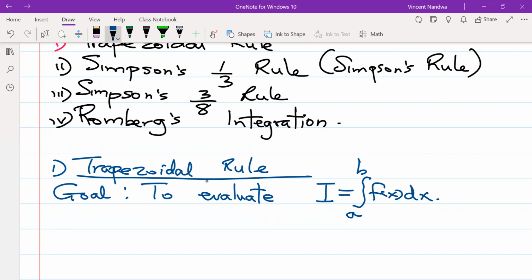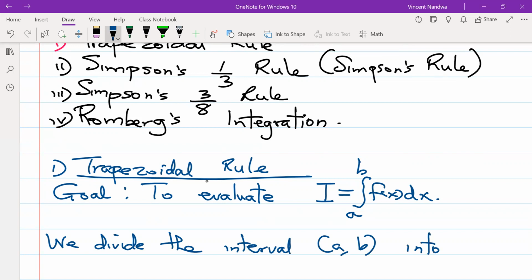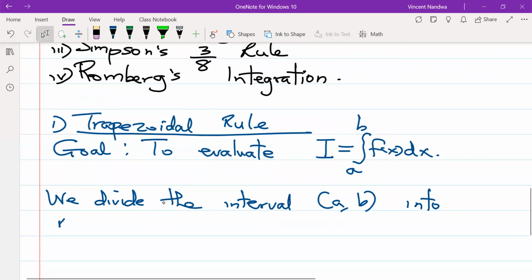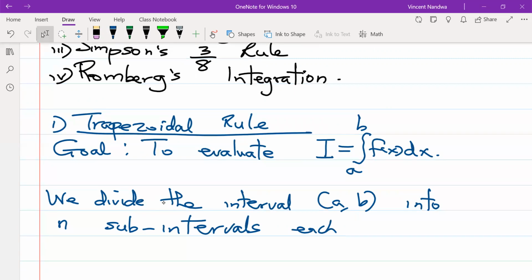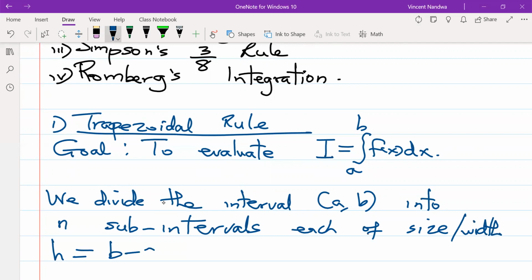So what we do, we divide the interval AB into n sub-intervals, each of size or width h given by b minus a over n.